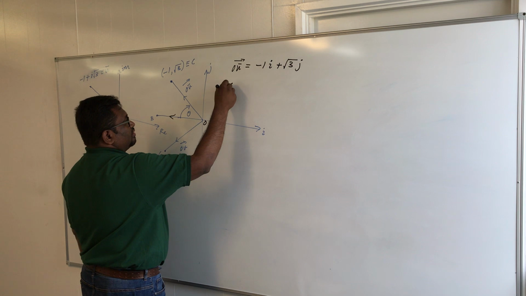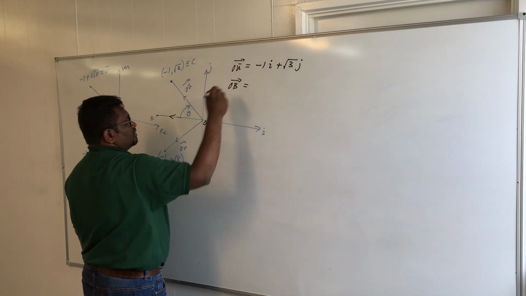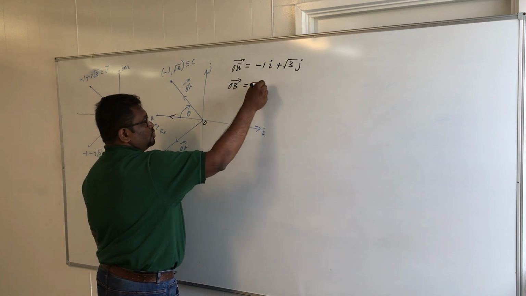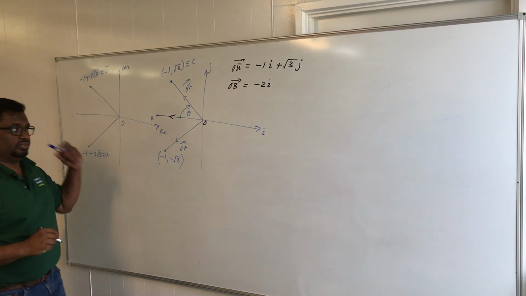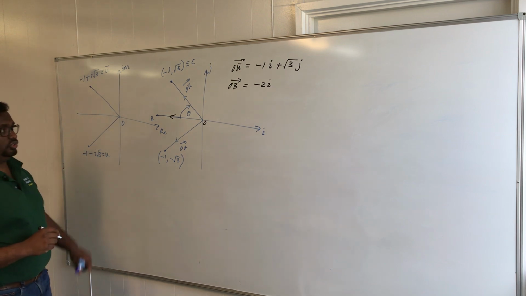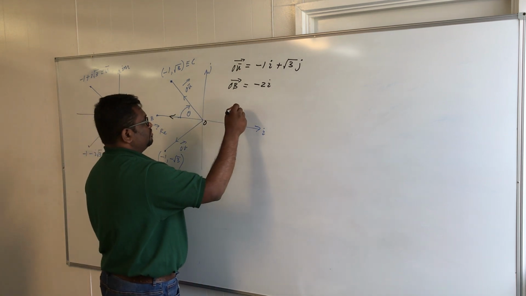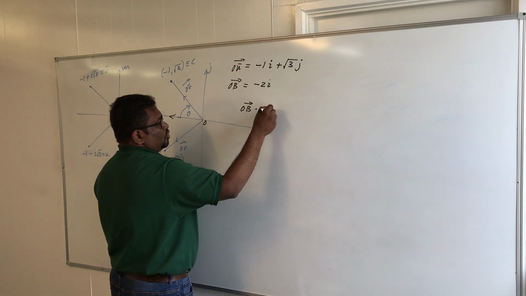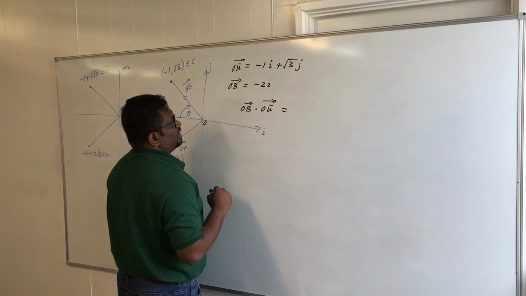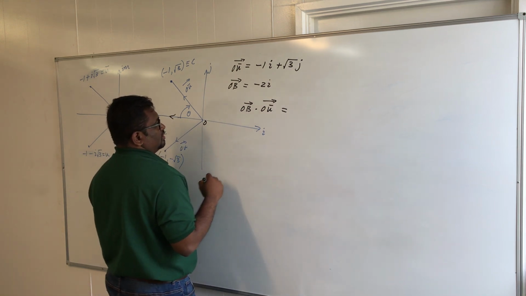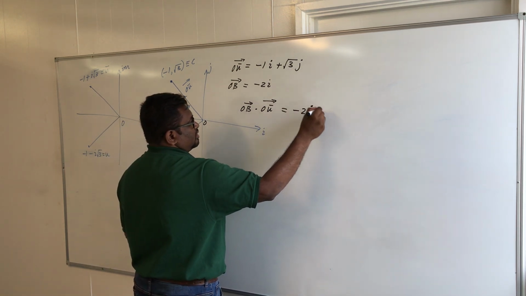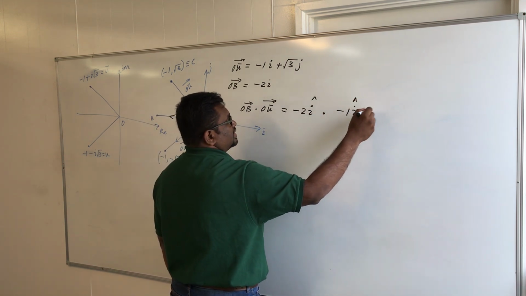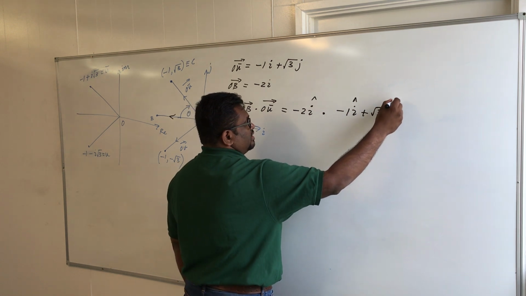So what is OB vector now? Minus 2. OB vector is minus 2i. Okay, that is fine. So you need to find this theta, right? So what do you do? OB vector dotted with OU bar vector, and that is going to be equal to minus 2i dotted with minus 1i plus square root 3j.